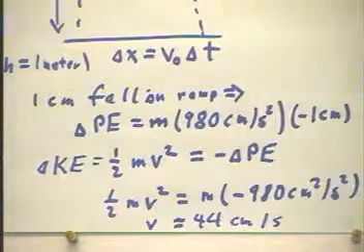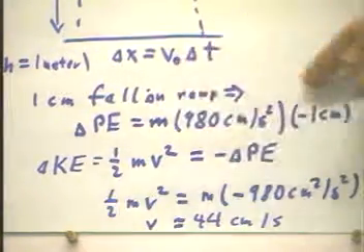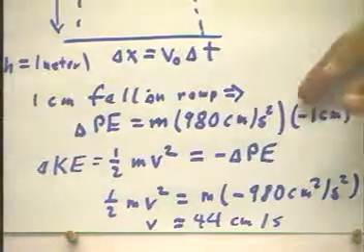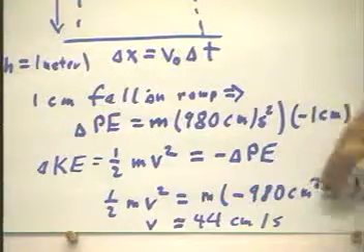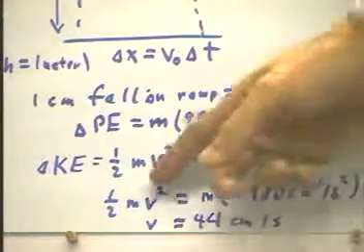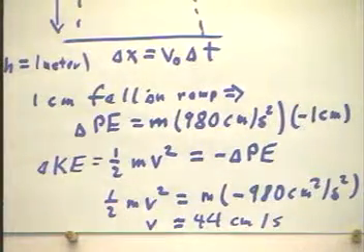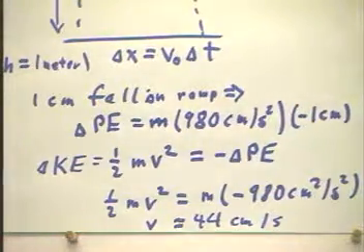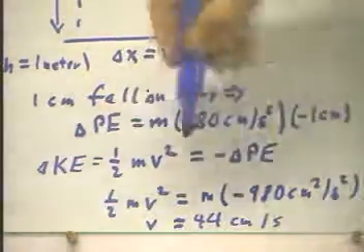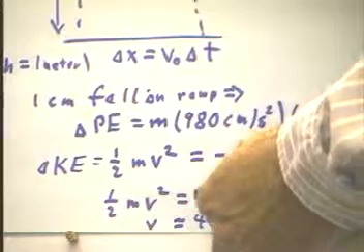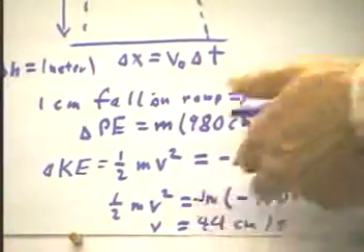The change in potential energy is, of course, negative as the ball goes down the ramp, and we set 1/2 mv squared equal to the negative of that potential energy. Actually, I think I left off a negative sign here. There should be a negative out in front. This is a little bit of an awkward angle.